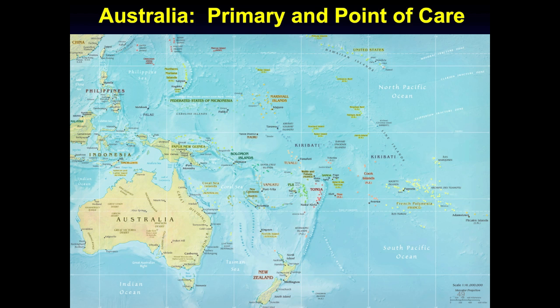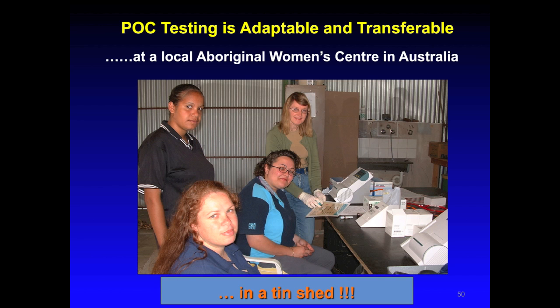In slide 49, we turn to Australia, with which students of this course in that country would be quite familiar, and Dr. Mark Shepard's notable work, where point-of-care testing, as shown in slide 50, is adaptable and transferable at local Aboriginal women's centers in Australia, even in a tin shed, for the care of themselves and other people that have diabetes and a high risk for that.